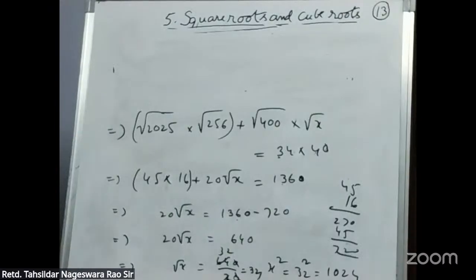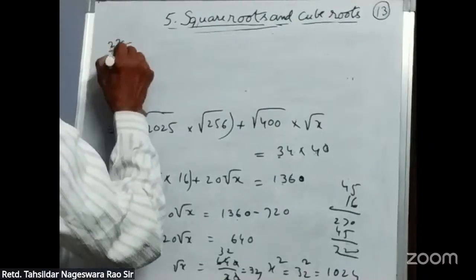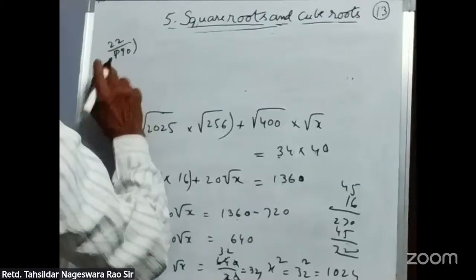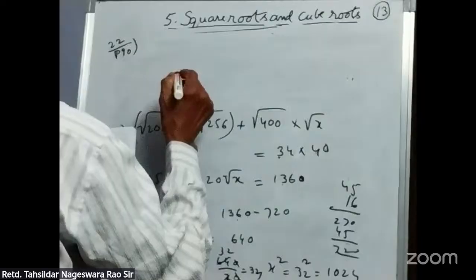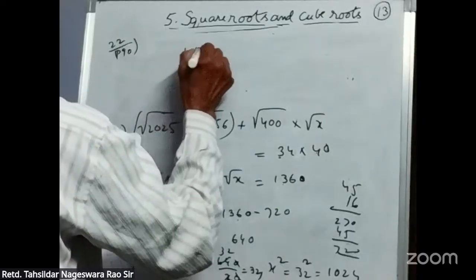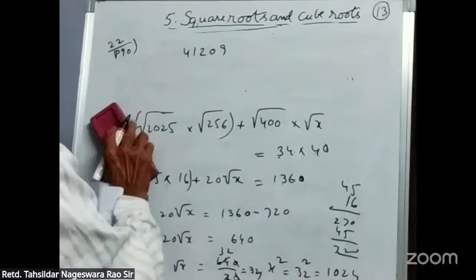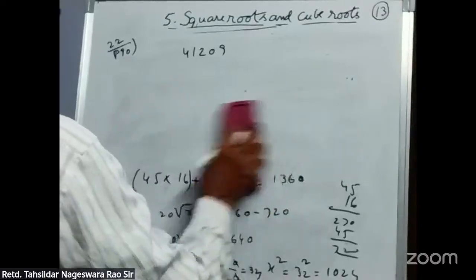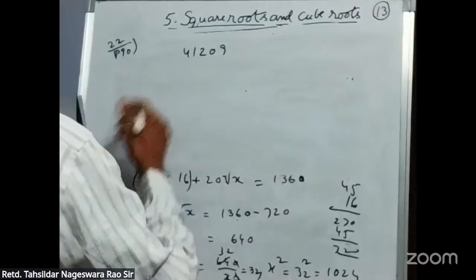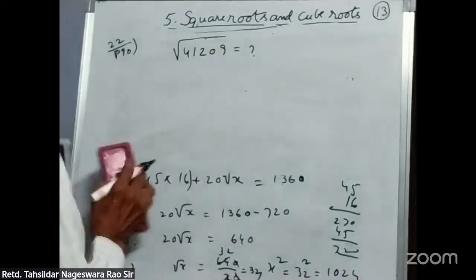Second question. The square root of 41,209 is equal to, and choices are given. That is finding square root, that's all. Question like this.